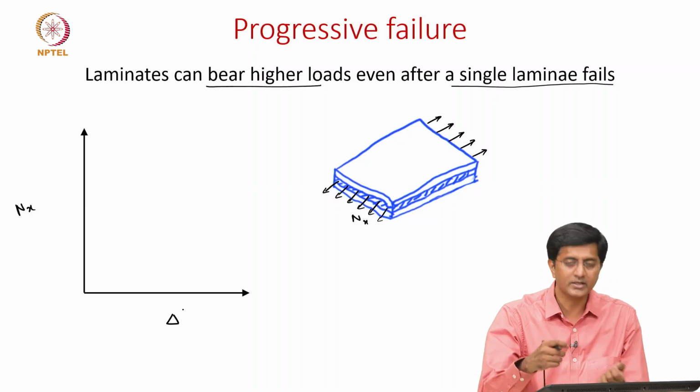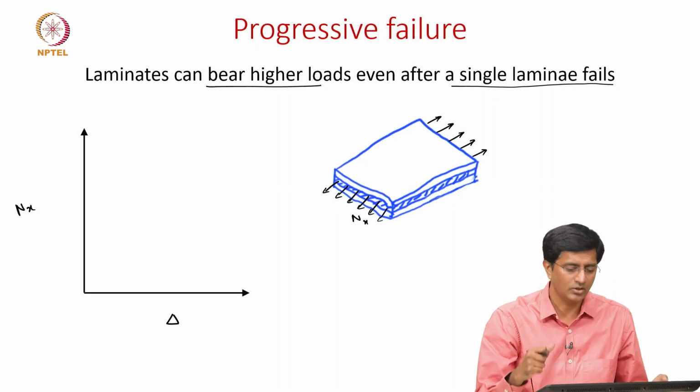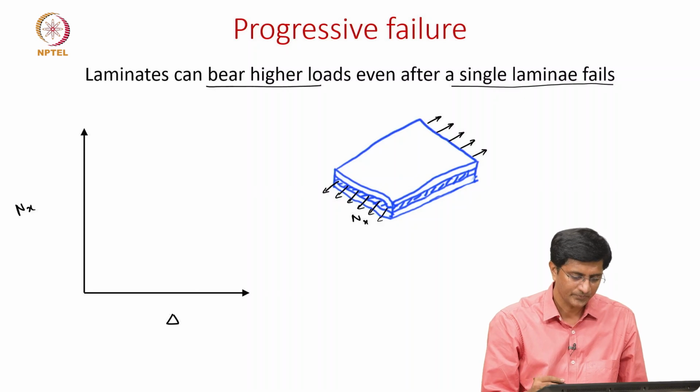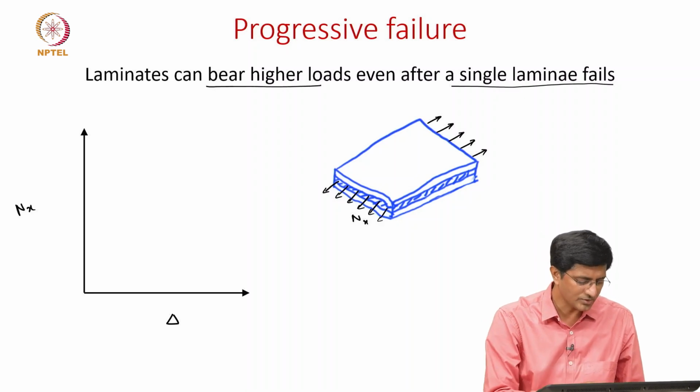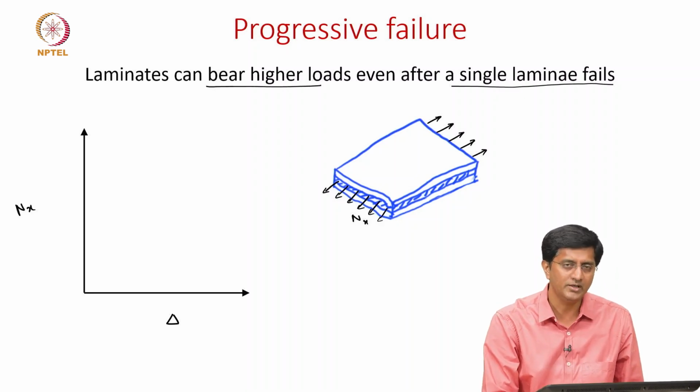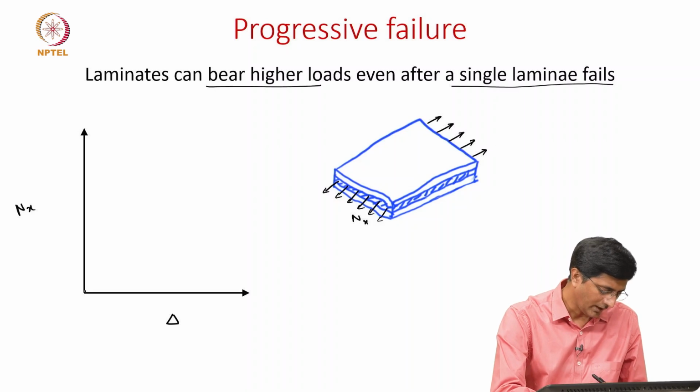What is delta? Delta is the deflection along the loading direction. Since we are looking at a linear elastic analysis, the relation between the force and the displacement will be linear. And what is the slope?